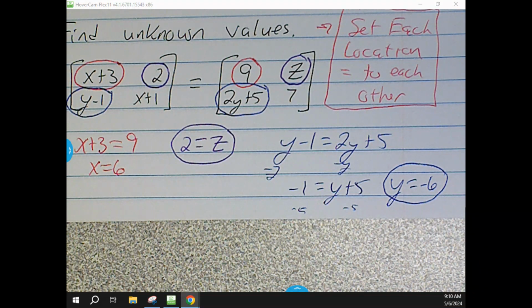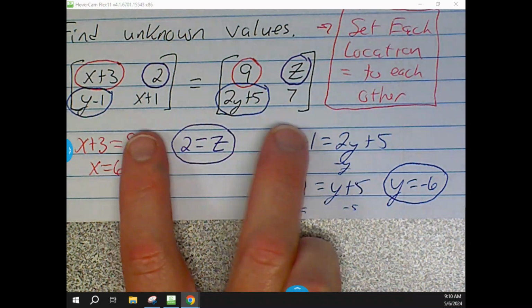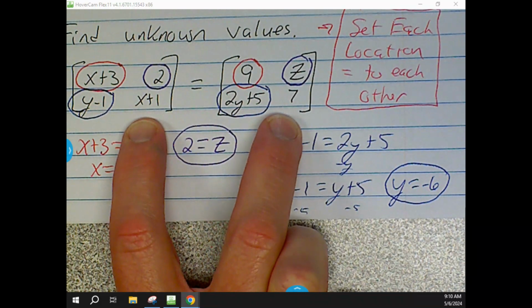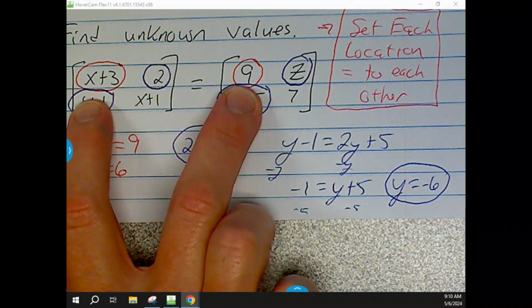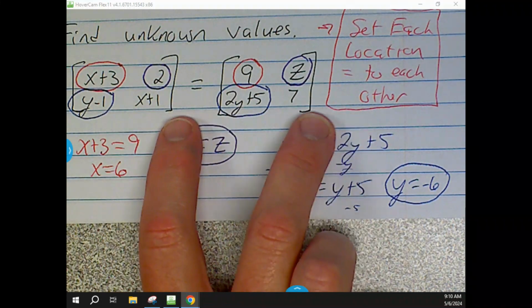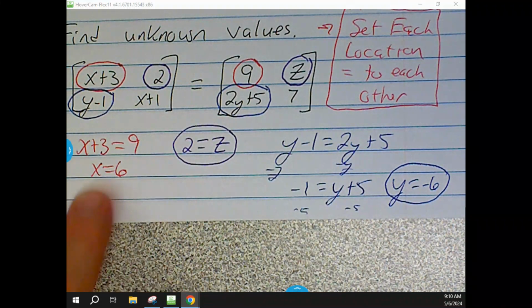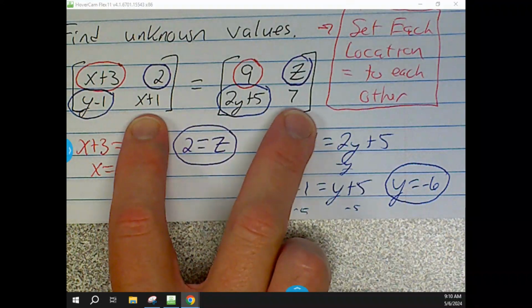Where's the x plus 1 equals 7? That's the corner we said you don't have to worry about, because you're solving for x. We already solved for x, and you already know that x equals 6, so you don't have to do anything there.